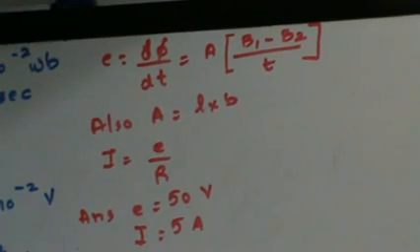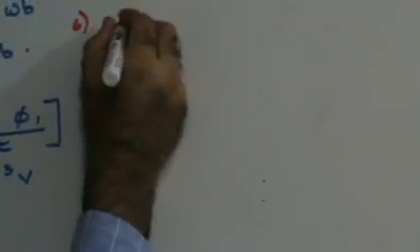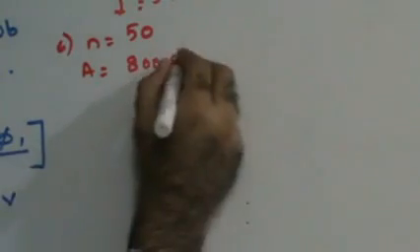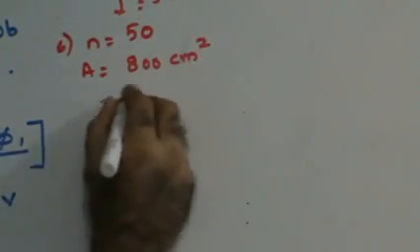A coil has 50 turns and an area of 800 centimeters square.